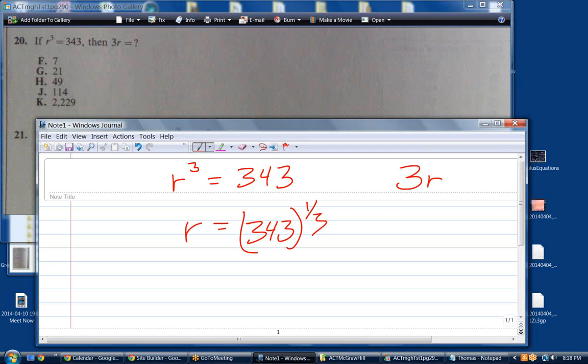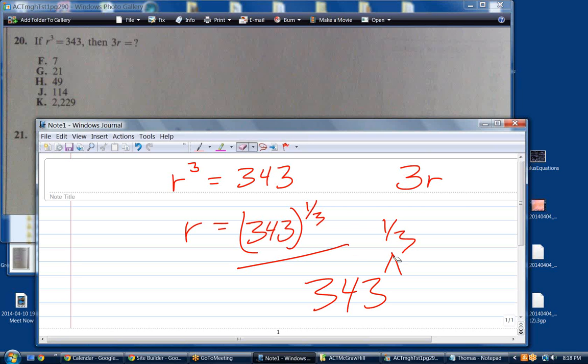When you take the cube root of something, just like when you take the square root of something, it's the same as taking it to the 1/2 power. In other words, when you have a fractional exponent, whatever that denominator is, you're taking that root of the number. And you can do this in the calculator this way. In other words, you can do 343 raised to the 1/3 power.